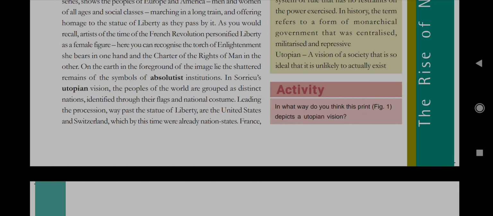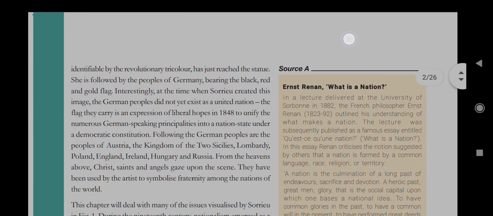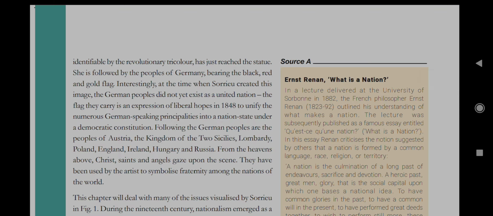Leading the procession past the Statue of Liberty are the United States and Switzerland, which by this time were already nation states. So here, Frederick showed that the US and Switzerland are already free as they had passed by the Statue of Liberty, and the rest of the nations are on their way to become nation states. France, identifiable by the revolutionary tricolor, has just reached the statue.